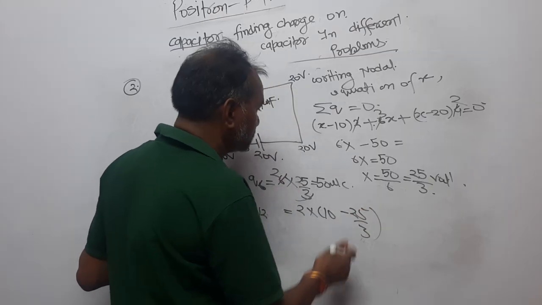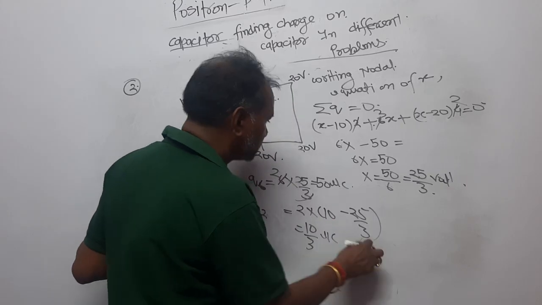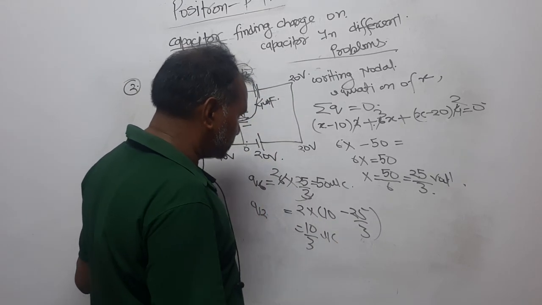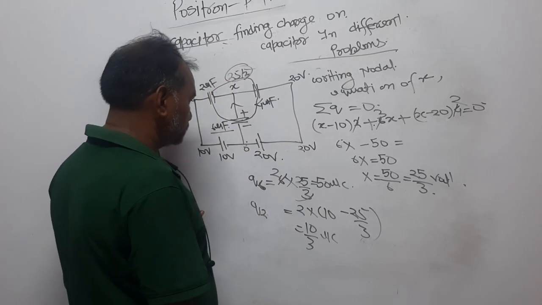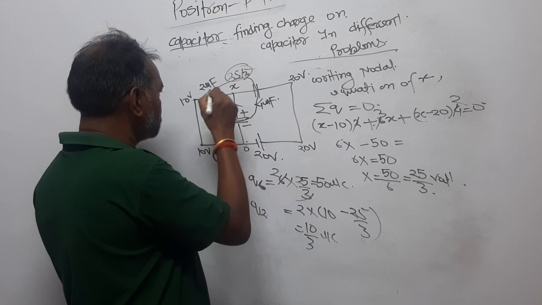So it is 5 by 3 into 2, which is 10 by 3 microcoulomb. Again, this is the higher potential point, so it is positive.